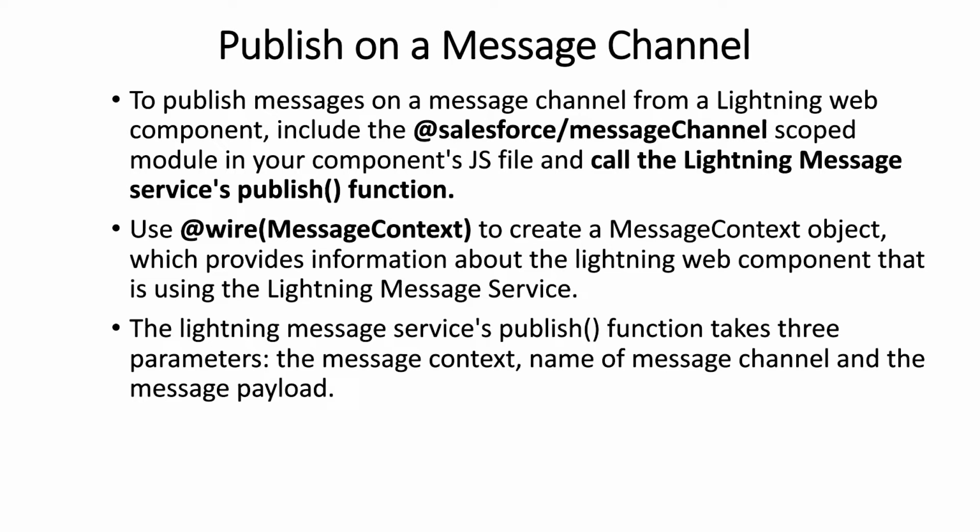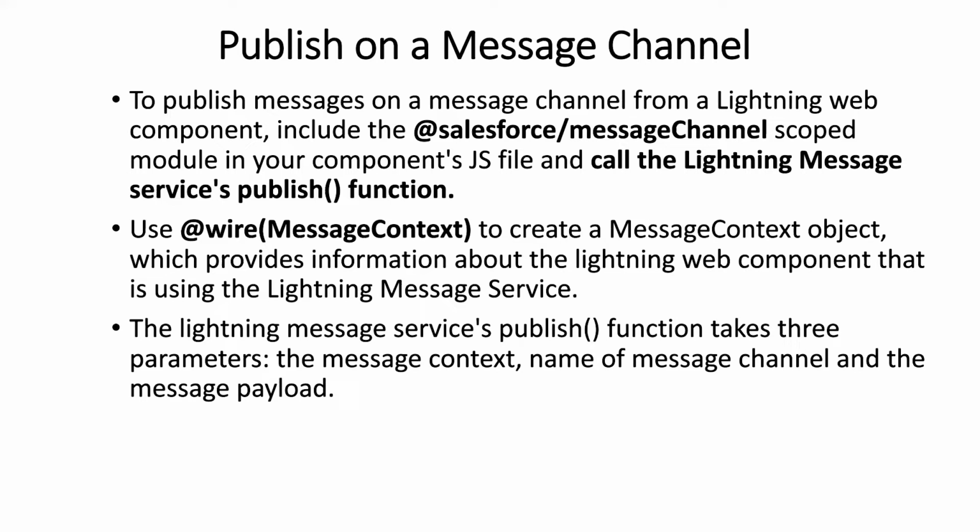So this first parameter, message context, is basically, the moment you use it as the parameter, it is going to create a message context object for you that will store the data. For example, in the message channel file that you have created, the meta file, what are you passing? You're passing operator and constant, right? So when the user clicks on the multiply button, what constant are you passing?